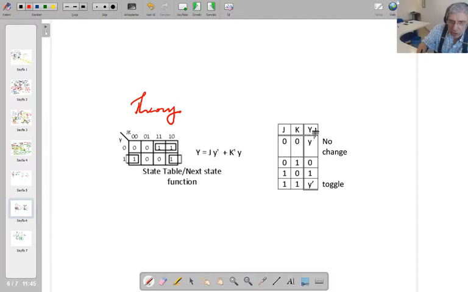If the input is 0, 0, your next state is the same as the present state. That means no change, so this is that column here. Your next state is the same as small y, so you can represent this column altogether with this line only.